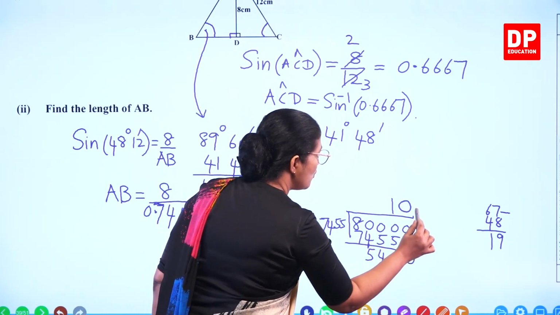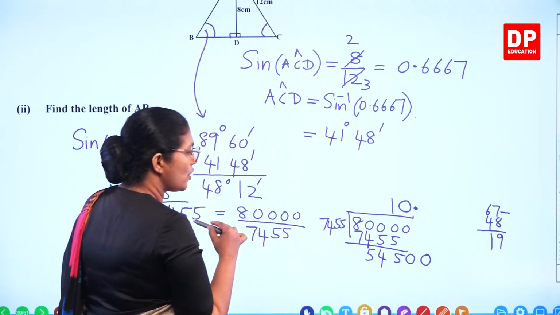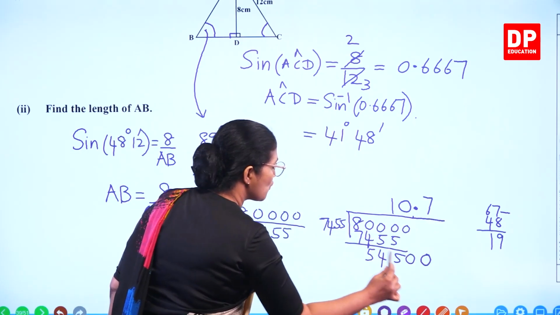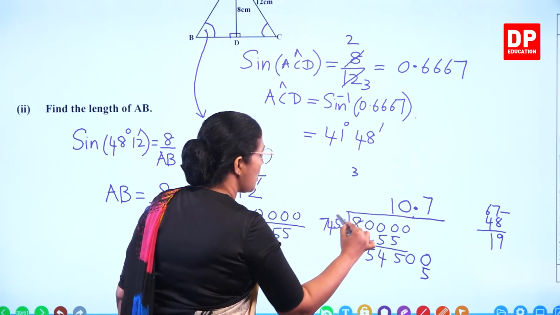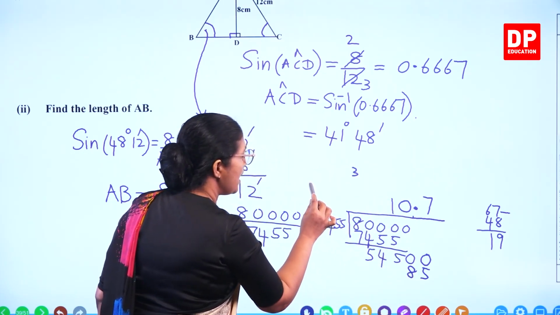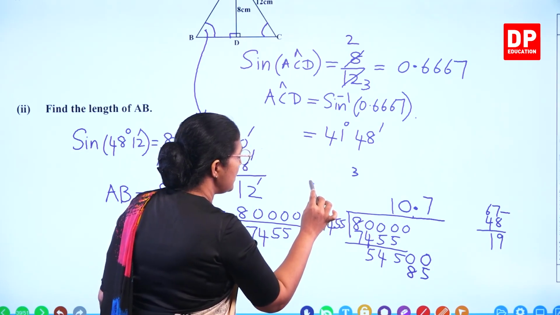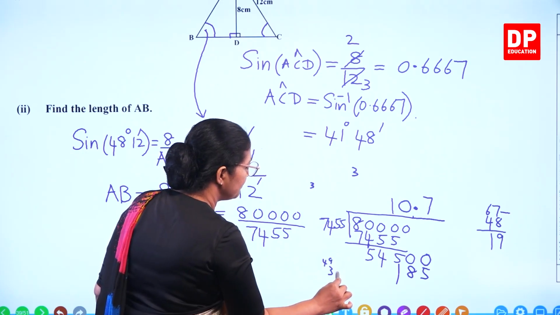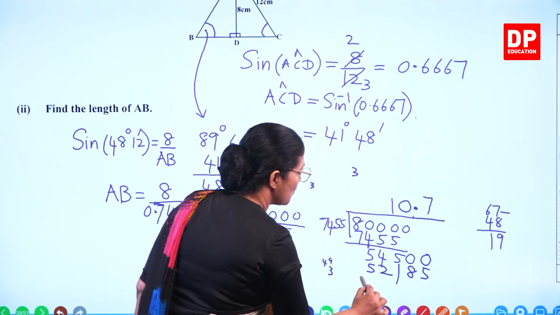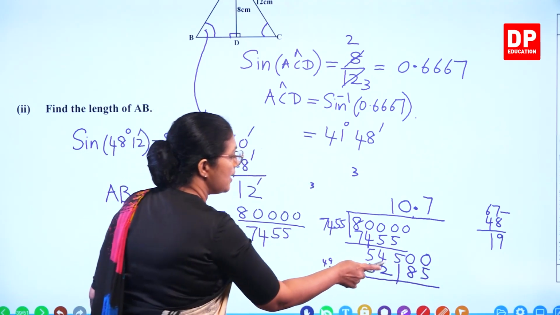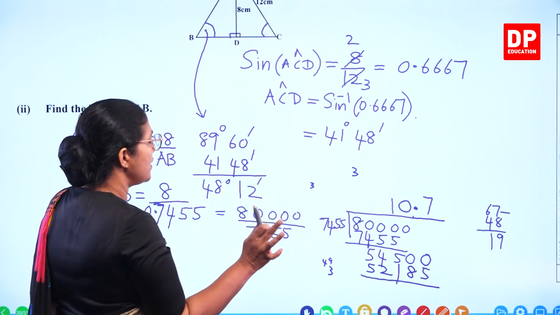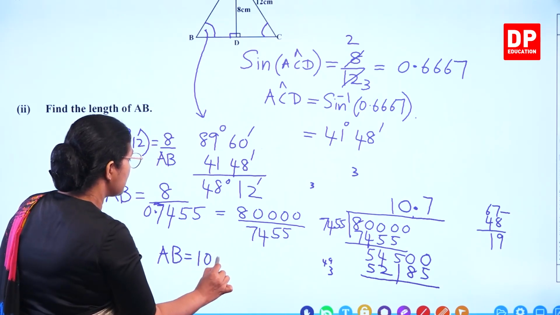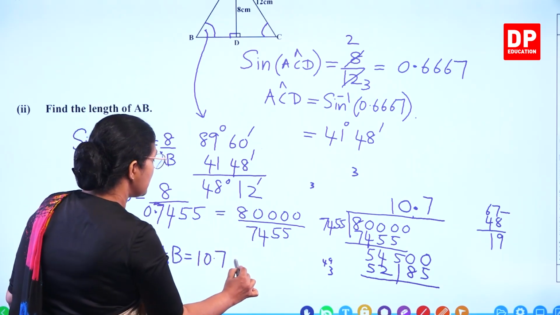So here, when you take 54,500, you can take 7 there. 7 times 5, 35. 3 remaining. 7 times 5, 35 plus 3, 38. 3 remaining. 7 times 4, 28 plus 3, 31. 3 remaining. 49 plus 3, 52. So here it's a number less than this. So we can say 10.7 roughly. So AB length is 10.7 centimeters.